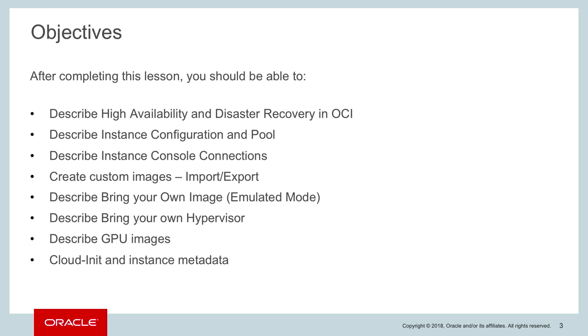We're going to talk about instance console connections, so you're going to understand how you can troubleshoot a malfunctioning instance in OCI. We're going to describe how you create custom images, how you can import and export, how you can bring your own image to OCI and also bring your own hypervisor as well. We're going to talk about some GPU images available in OCI, and cloud-init and instance metadata.